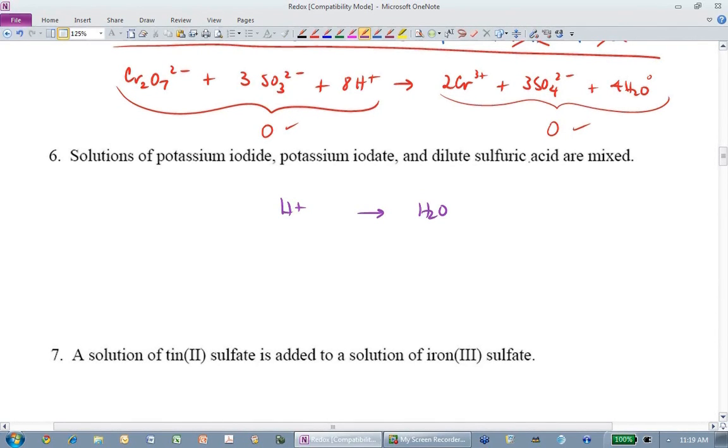And the answer to that is, I don't think so, because potassium and potassium aren't going to do anything. So those are spectators. So I have I minus and I have IO3 minus, iodate, like chlorate, only substitute the I for the Cl. And so the dilute sulfuric acid is there just to acidify the mix. So this could have very easily said acidified solutions of such and such are mixed.